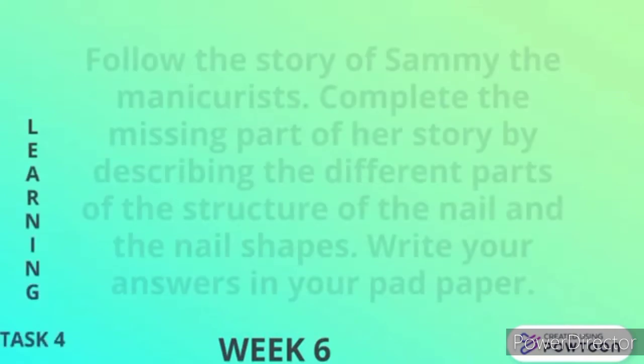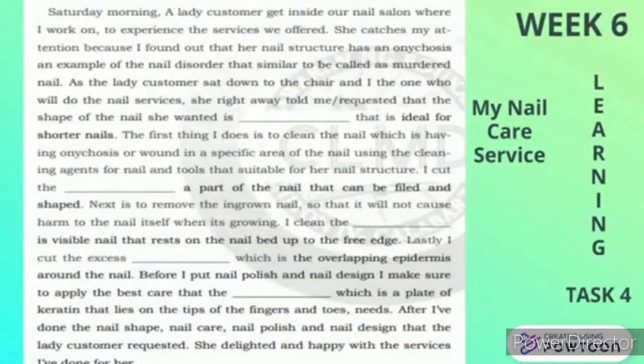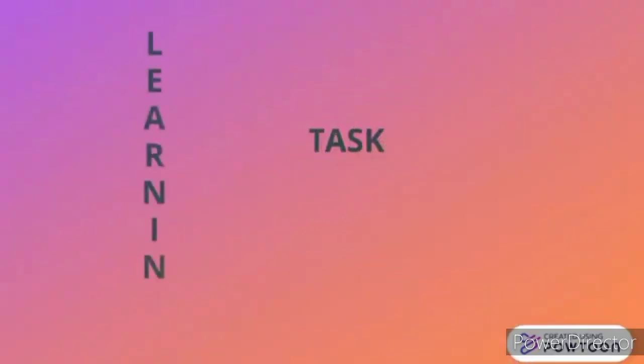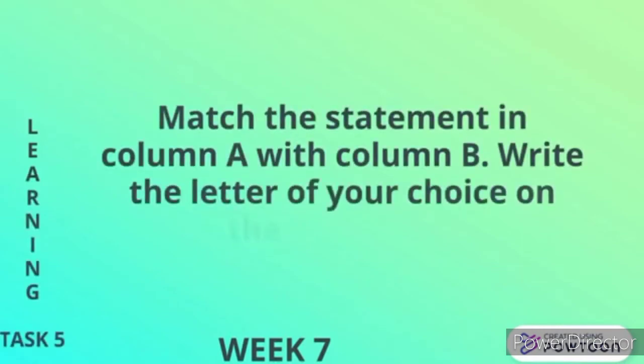In learning task 4, the story of Sammy, we will just write the structure of the nail and shapes. In learning task 5, matching type, you will just write the letter of the correct answer.